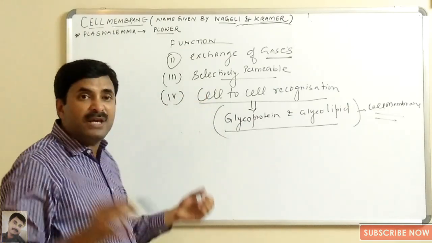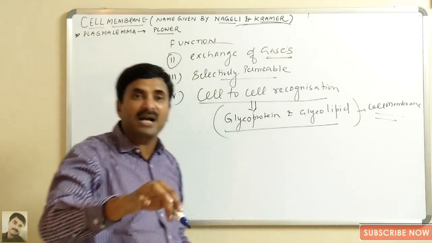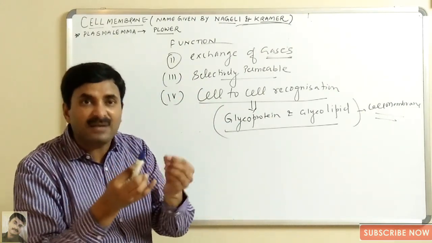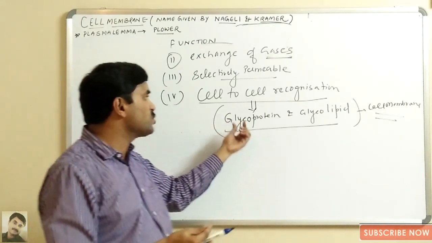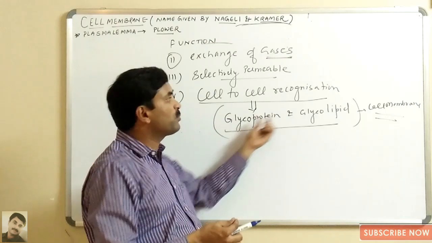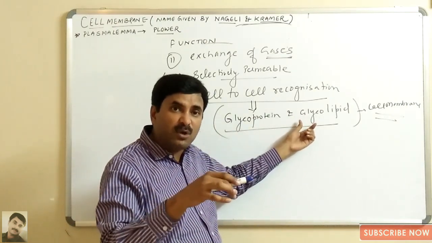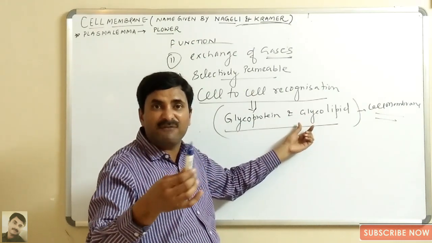Means cell to cell recognition means what? Say, we cannot transfer liver cells into the heart or heart cells into the liver. Why? Because the cells have the power of cell to cell recognition because of two contents of the cell membrane, glycoproteins and glycolipids. They can reject also, they can accept also. So we cannot transfer different cells into different organs.